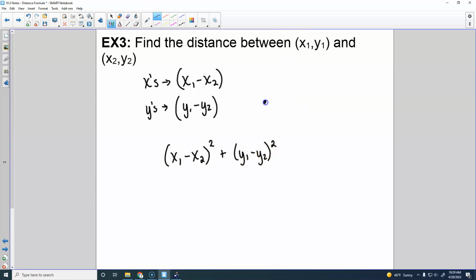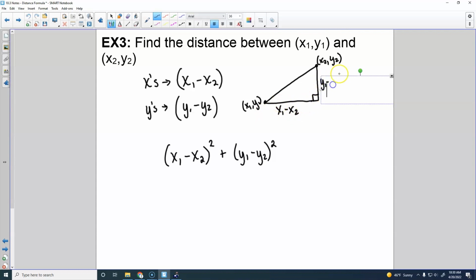So like if I am thinking about what a graph of this looks like, and this is x1, y1, and this is x2, y2. When I subtract my x's, it gives me the length of this side. When I subtract my y's, it gives me the length of this side. So this would equal, I'm going to call this right here d for distance. So I'm going to call that d squared.